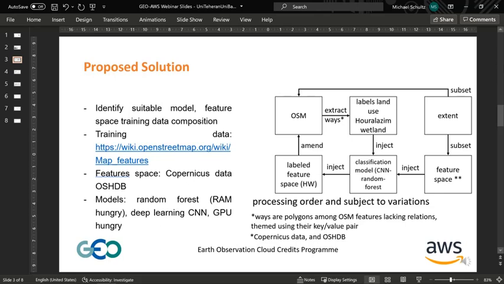The key of our approach is that we're trying to produce a remote sensing classification, however, without capturing any training data by ourselves. We're using OpenStreetMap to take the training data, which some people, volunteer mappers, already collected for us.